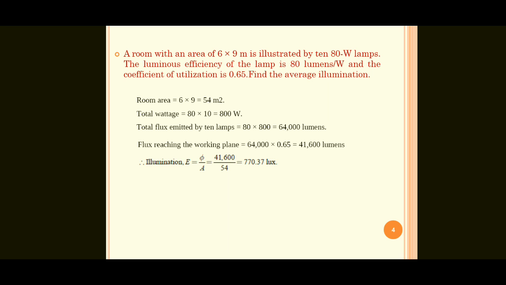So here the room is 6 into 9. First write down the given data. Room area 6 into 9 meter, 10 80-watt lamps, so the total wattage becomes 80 into 10.